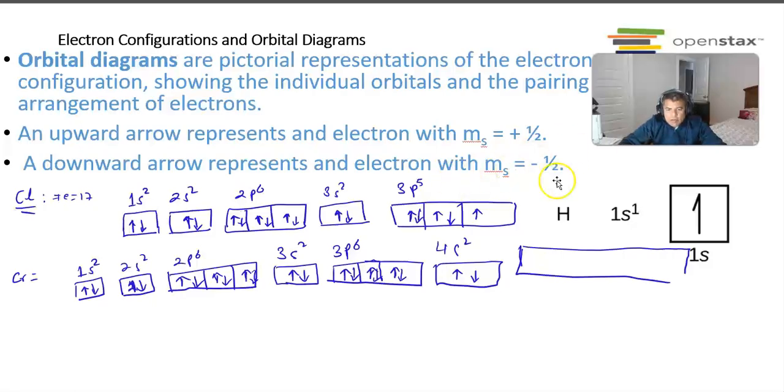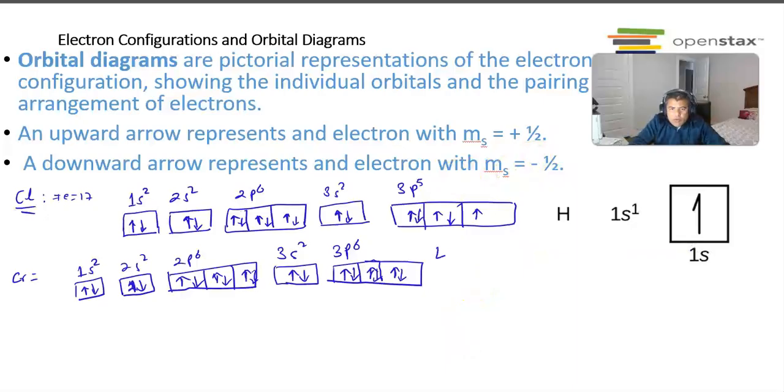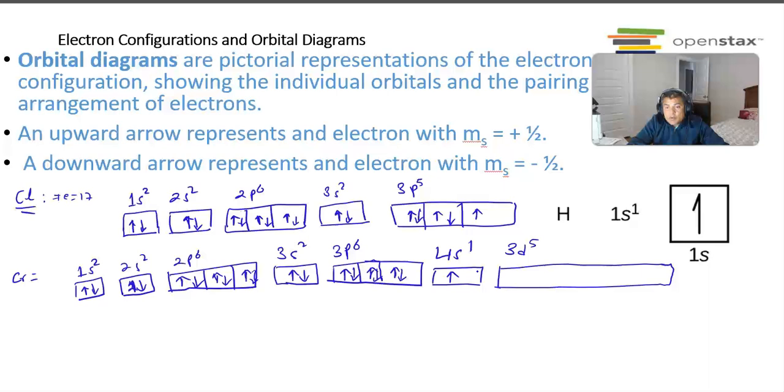Okay guys, if you remember, chromium is 4s1 because one electron from s will jump, right? 4s1 and the 3d5. The d orbital has 5 sub-orbitals, right? 1, 2, 3, 4 and 5.